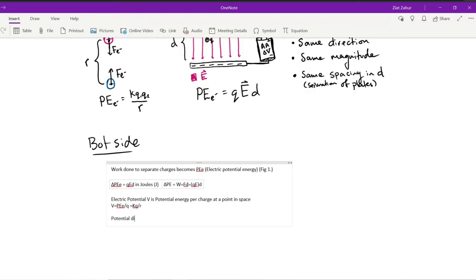Potential difference, which is delta V, so remember difference is delta, is what we call voltage, is work per charge and is measured between 2 points in space.